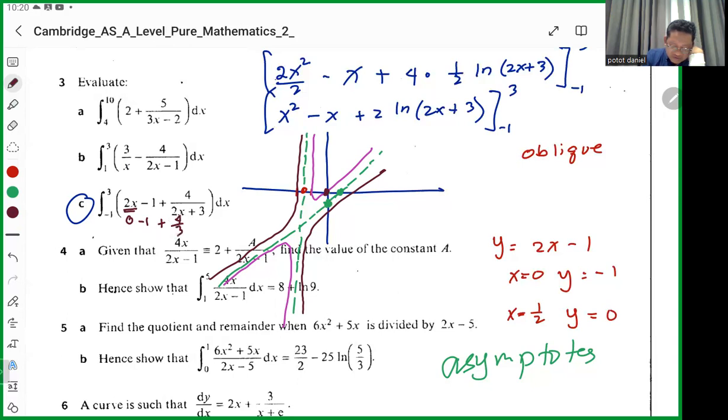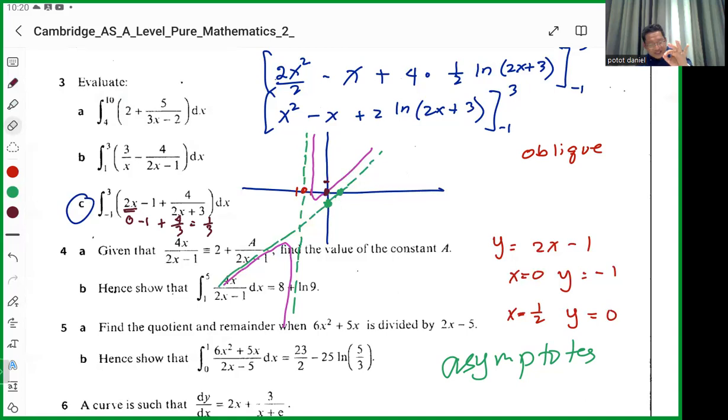So negative 1 plus 4 over 3 is equal to 1 over 3. So definitely that 1 over 3 is positive. So basically, it's actually somewhere here on top. Okay? So now we know that is actually the pink area. So that is now the graph.